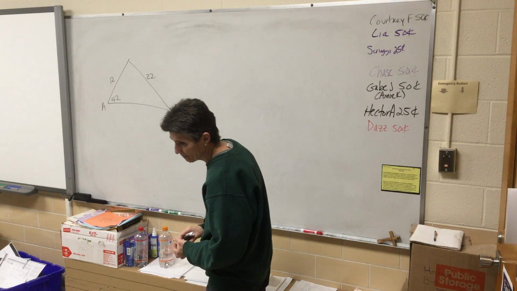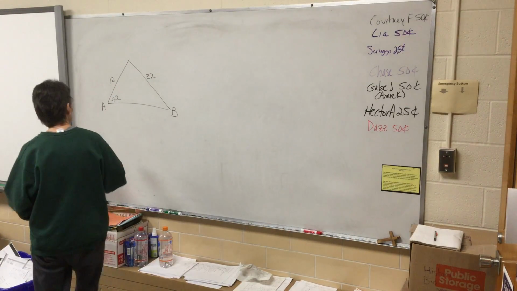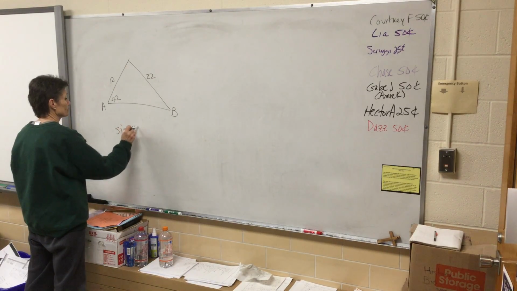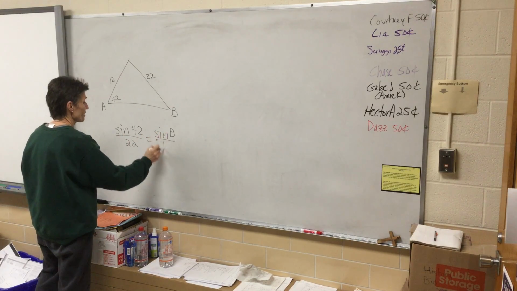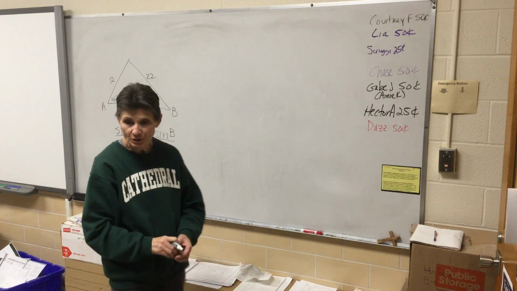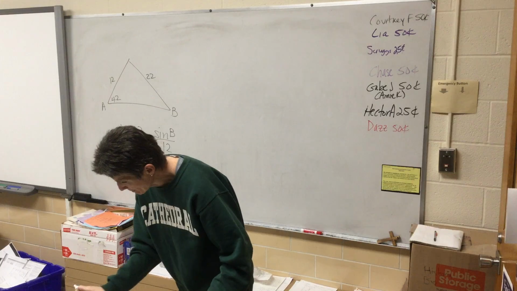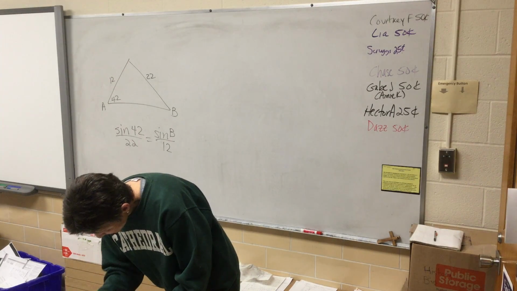Who can set it up? Would it be sine 42 over 22 equals sine B over 12? It is exactly what it would be. Thank you. Sine 42 over 22 equals sine B over 12. Was that you, Annie? Yes.